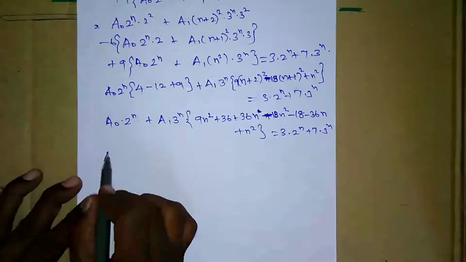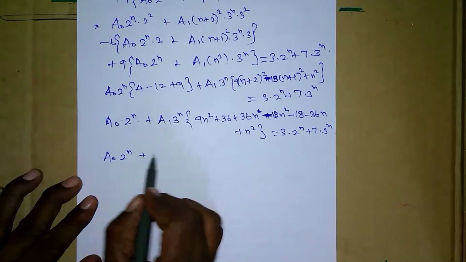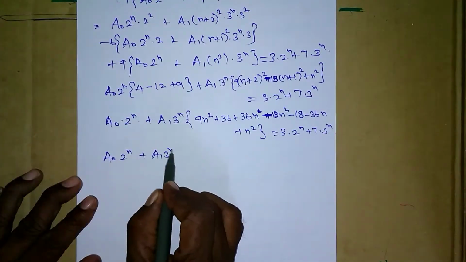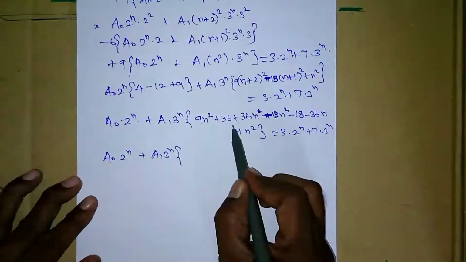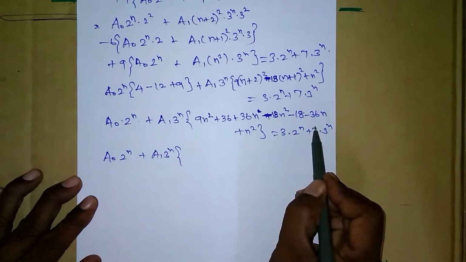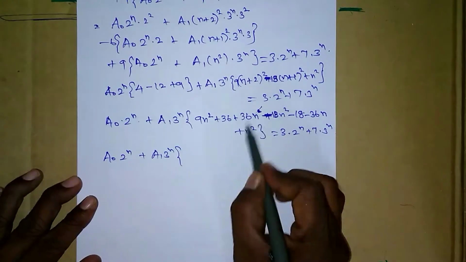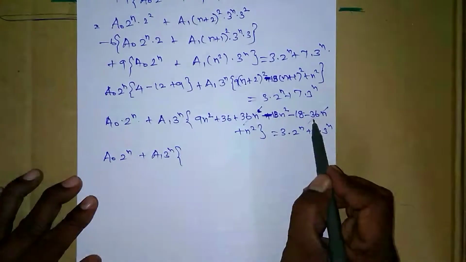This is a0 into 2 power n plus a1 3 power n into, here 9 n square, 36, here this is plus 36 n minus 36 n.